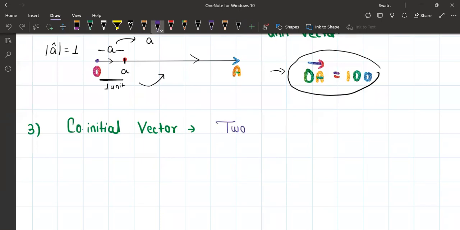It is not compulsory that we are only talking about two vectors. Of course, we can talk about two vectors, but it can be more than two as well.